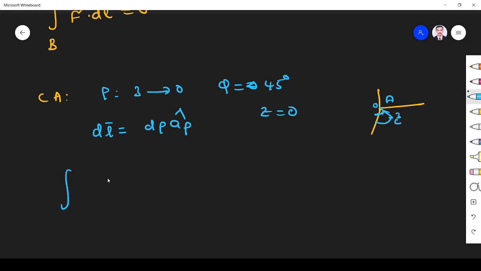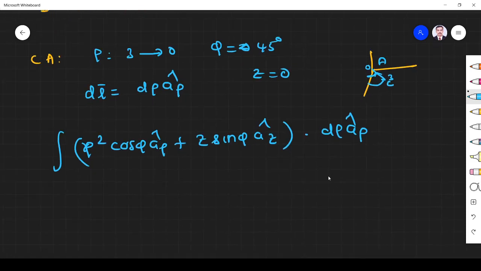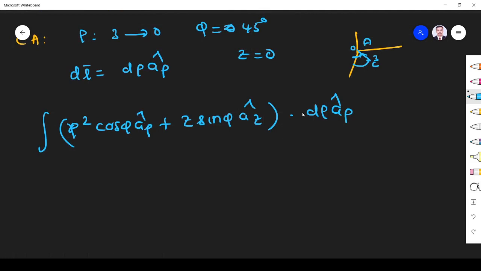Now what is my F dot dl? F is given by rho squared cos phi a_rho plus z sin phi a_z, dot dl, and dl is d rho a_rho. Now the dot product: a_rho dot a_rho is 1, and a_z dot a_rho is 0.